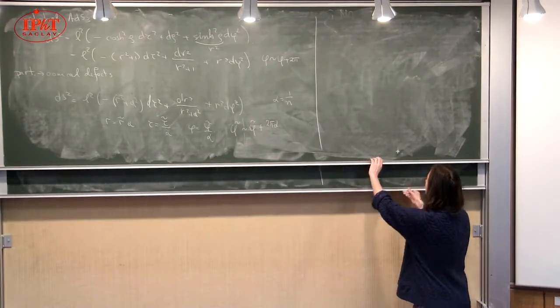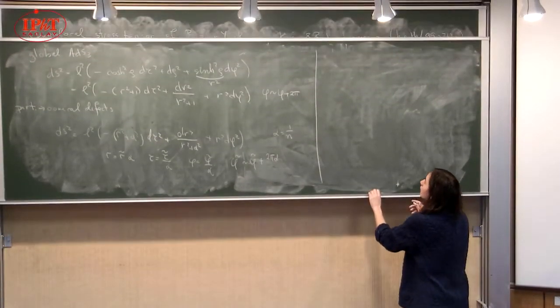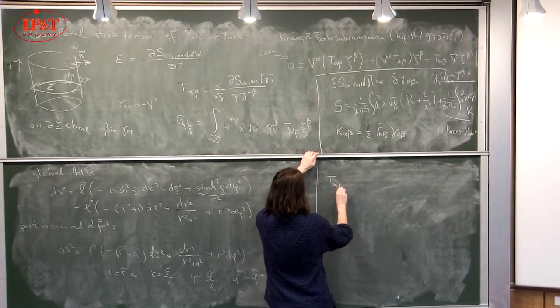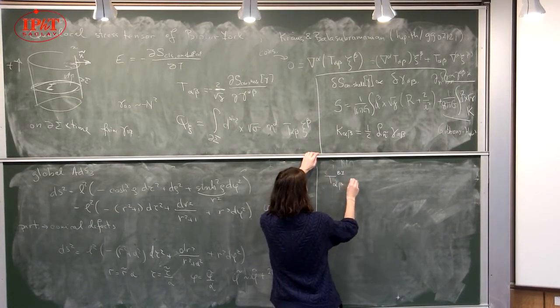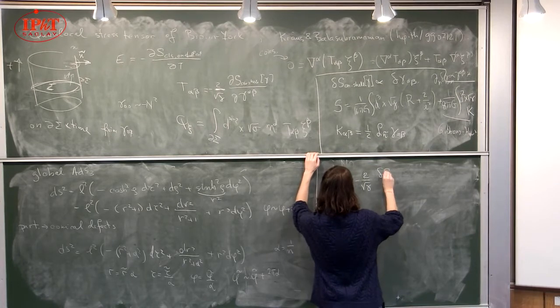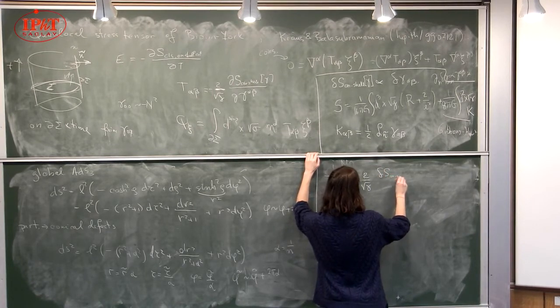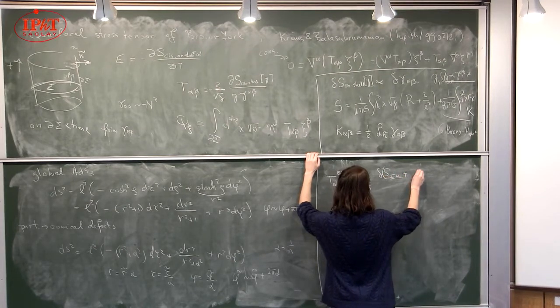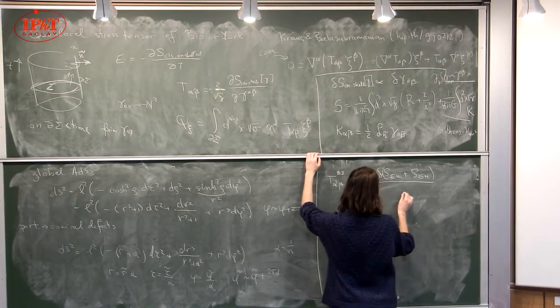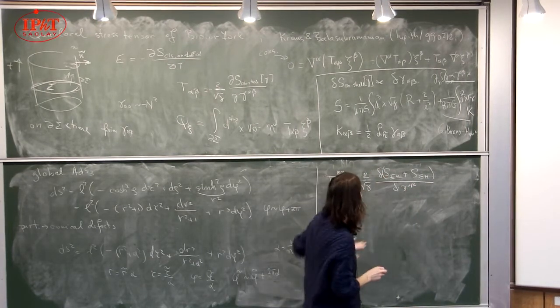The Brown-York stress tensor is simply defined as T alpha beta Brown-York equals minus 2 over square root of gamma times delta S on shell, Einstein-Hilbert plus Gibbons-Hawking, the full variation of the action divided by delta gamma alpha beta, because this is actually proportional to it.